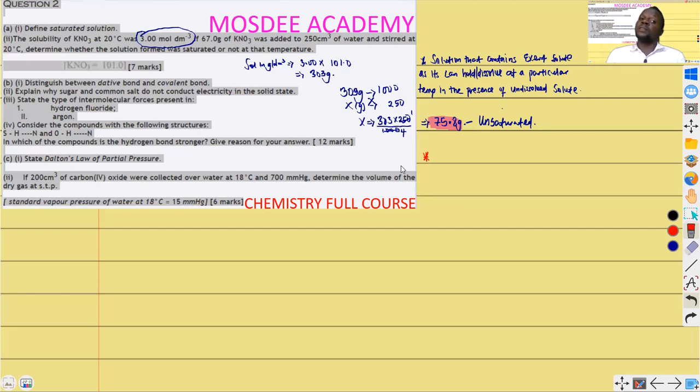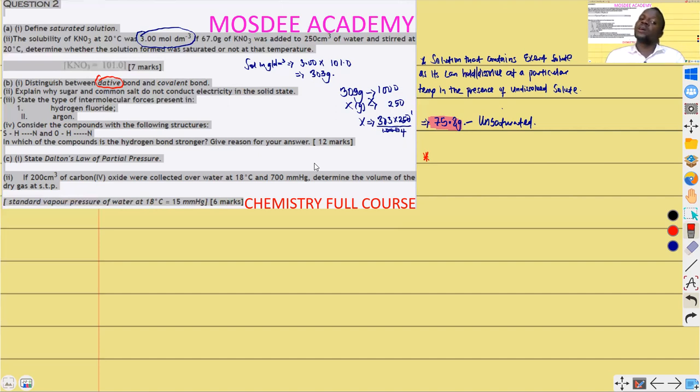Now, the major thing about dative and covalent is, in dative, you are always going to be asked this: only one of the two participating molecules is donating. I've said this time and time again. We talk about both of them sharing. They are sharing, they are not transforming like your ionic bond.